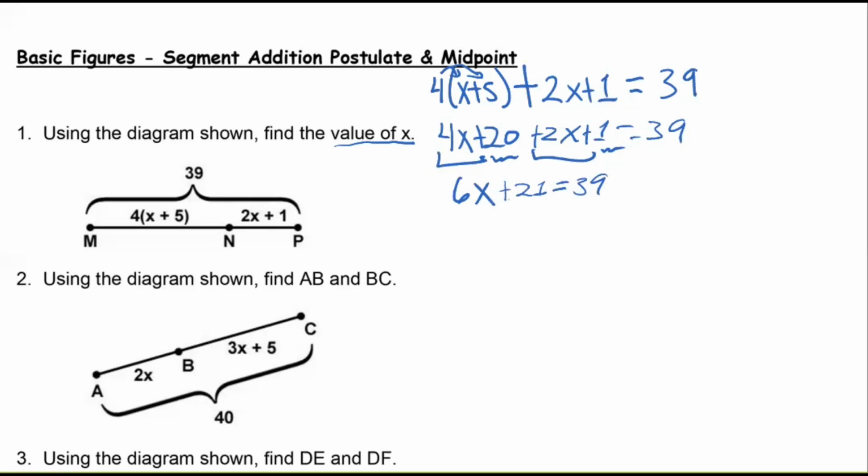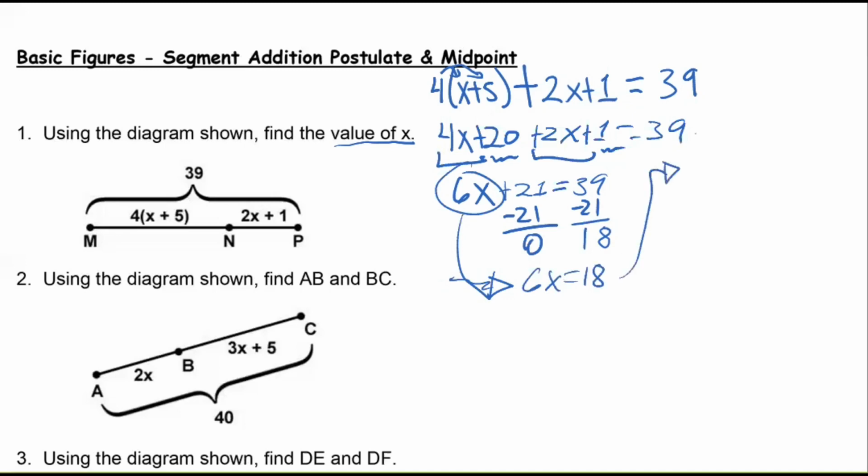Now the next thing here is I want to get rid of 21. So I subtract it from both sides. Now 9 minus 1 is 8. 3 minus 2 is 1. Okay, so I bring down my 6x. 6x equals 18.